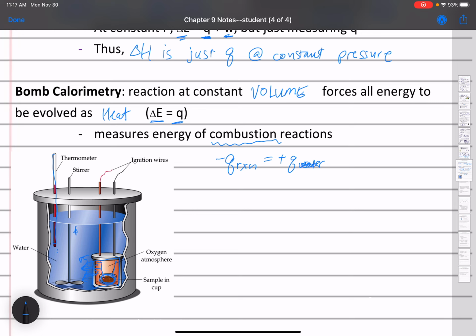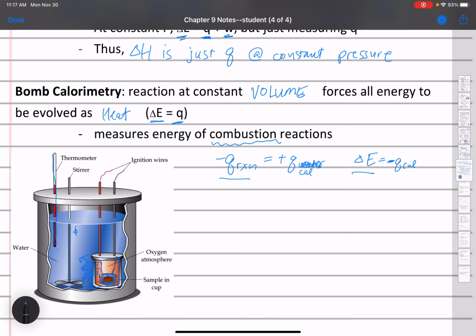All right, so instead of water, we're going to call it the calorimeter. And since this is at constant volume, the energy of the reaction is equal to the heat of the calorimeter.